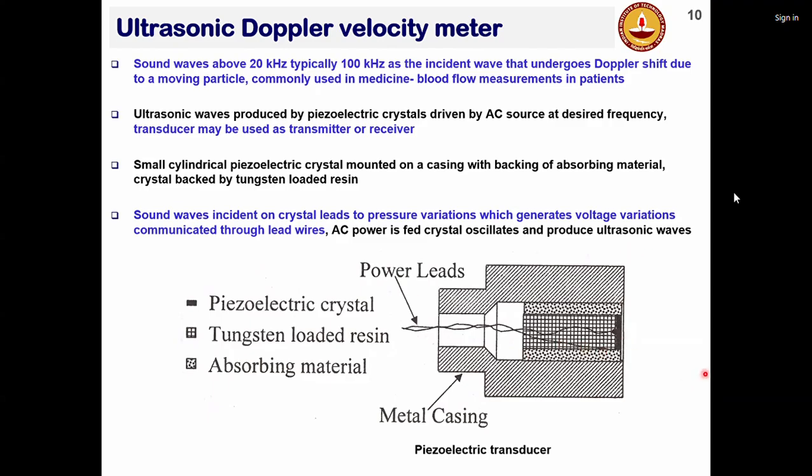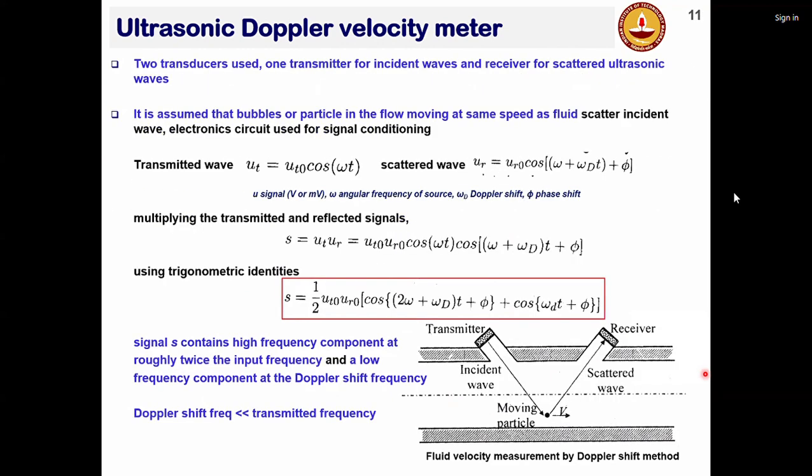This structure is used to measure velocity inside a tube, for example. So you have a receiver and you have a transmitter. At the transmitter end, you apply an electric field to the piezoelectric crystal, and it will send out a wave, right? Because of the deformation. At the receiver end, it works the opposite way.